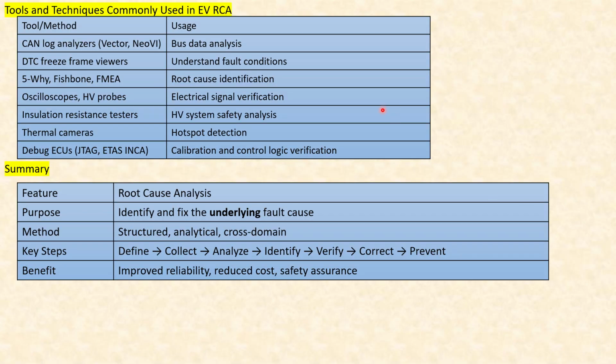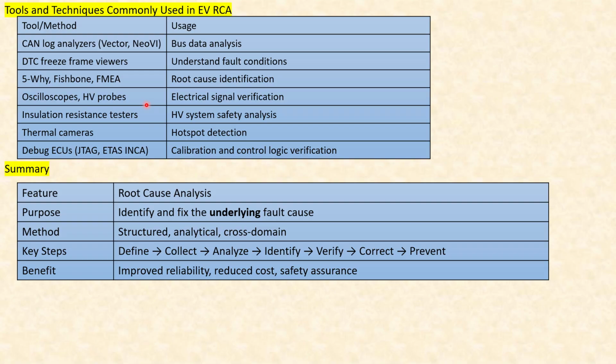Now, what are the usual tools and techniques commonly used in electric vehicle RCA? All right. First is CAN log analyzers for bus data analysis. This is one tool. And DTC frame viewers help understand fault conditions. The next important tools are 5-why, fishbone diagram and FMEA for identifying the root cause. Those are methodologies.